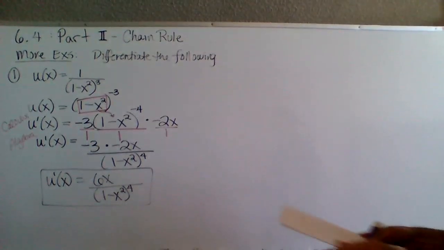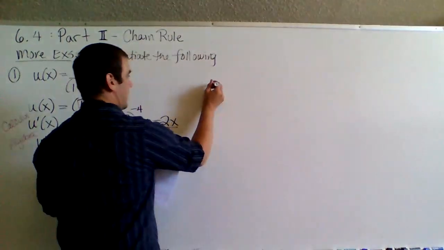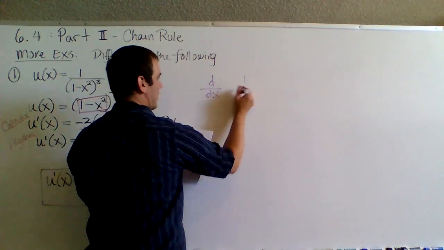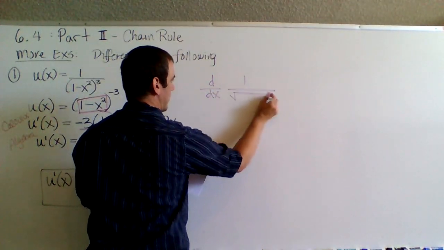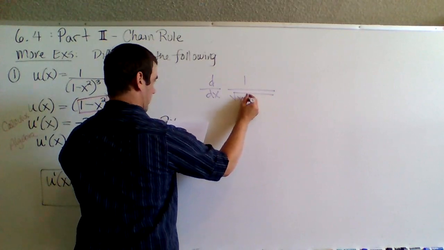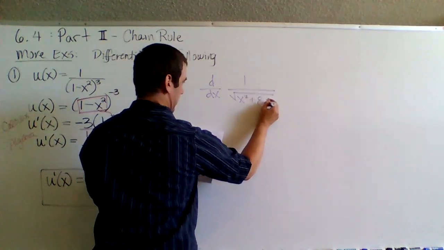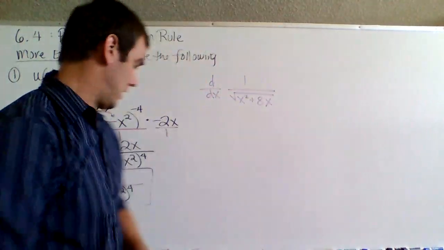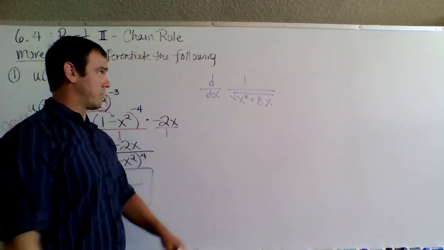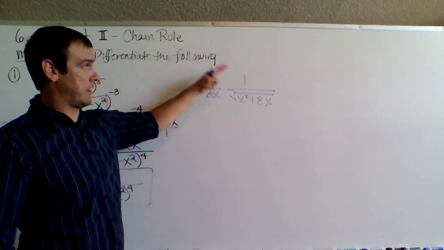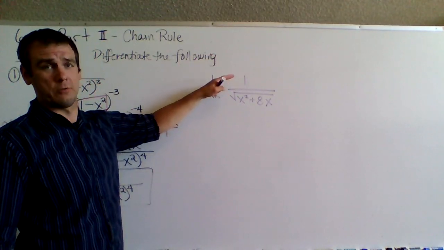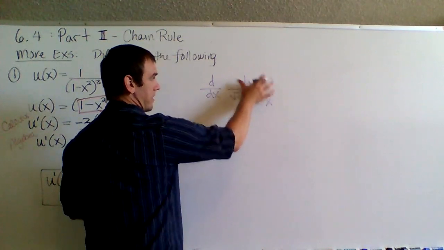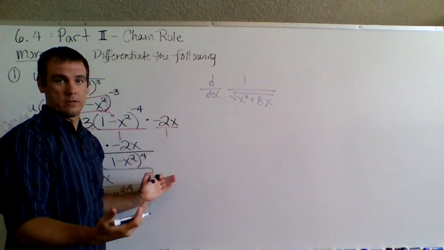All right, next one. Say d dx of 1 over the square root of x squared plus 8x. All right, so what I want to do here is you could do the chain rule or the quotient rule, low d high. But I would just flip this and make it one fraction.